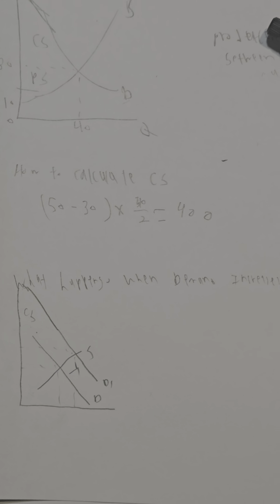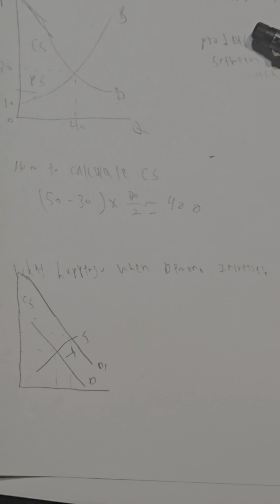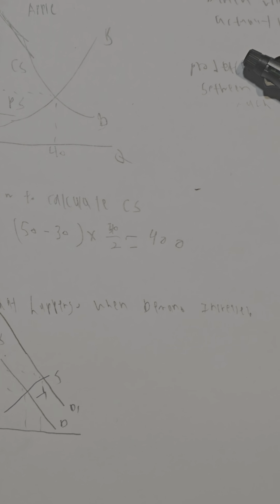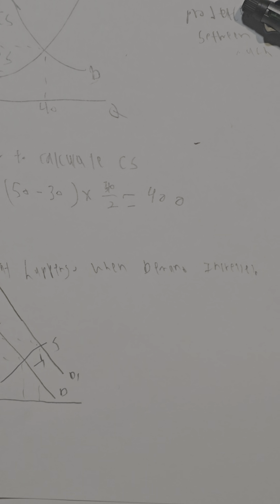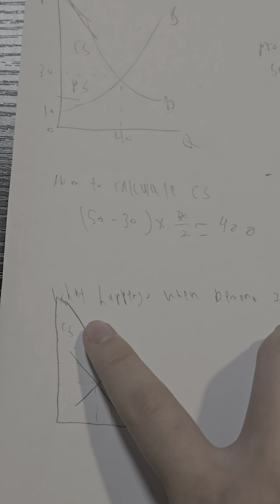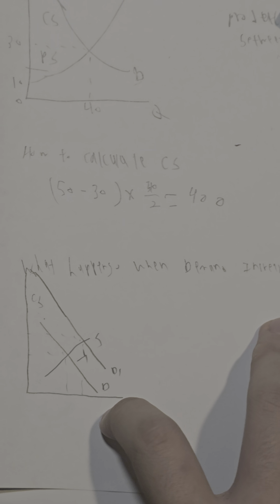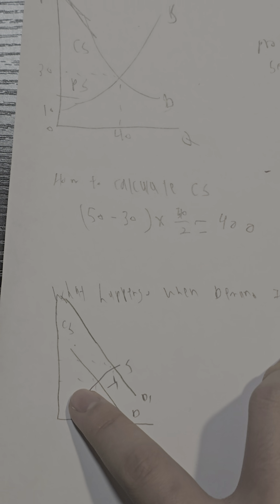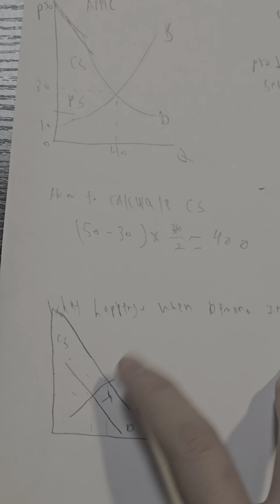What happens when demand increases for consumer surplus? When the demand increases, it generally decreases the consumer surplus. As you can see in the graph, this is a graph of the Apple again.